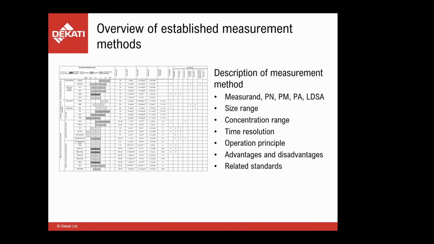We have a question regarding the ISO standard numbers for public transport measurements. If it's possible for you to send that question to sales@dekati.fi, I would need to check what the relevant ISO standard is. I don't remember those off the top of my head, but I can definitely look those up for you.